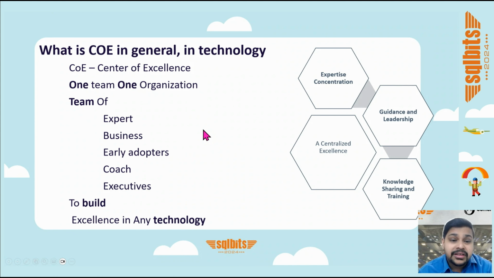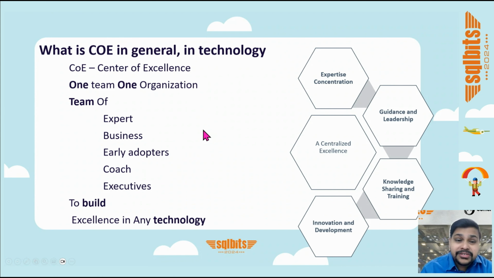Now, the third one is knowledge sharing and training. This is the key, because a center of excellence exists because of its knowledge sharing capability. The fourth one is innovation and development. Every technology is growing so fast, right?